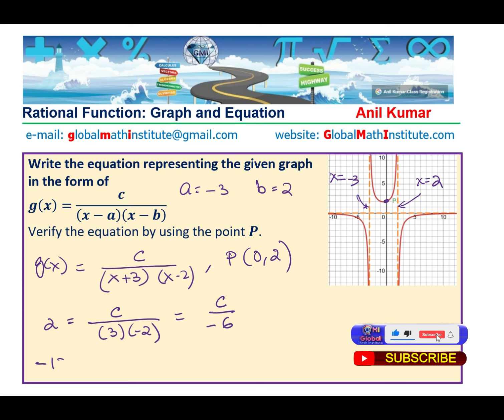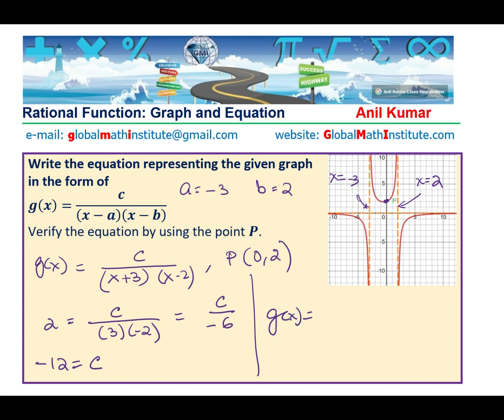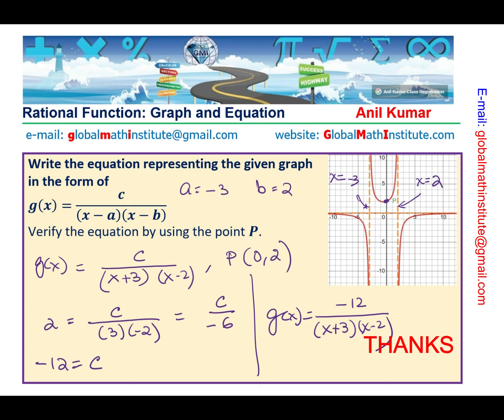Multiplying, you get minus 12 equals c, and therefore we can write down the function g of x this time as minus 12 over x plus 3 times x minus 2. Perfect. As simple as that. That is how you get the equation of this reciprocal quadratic function in the form given to us.